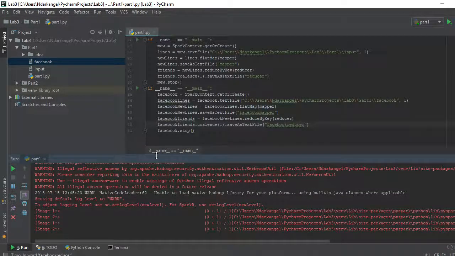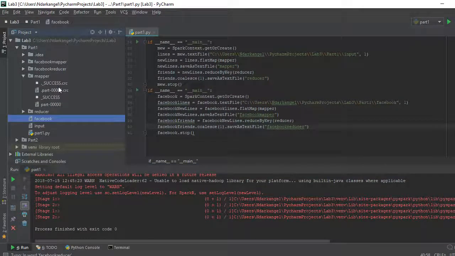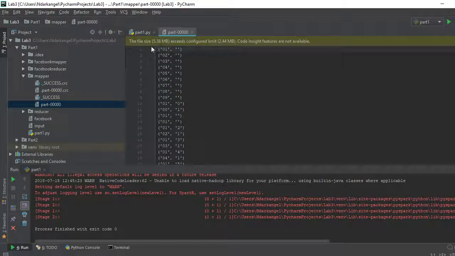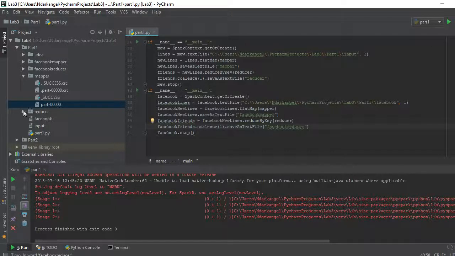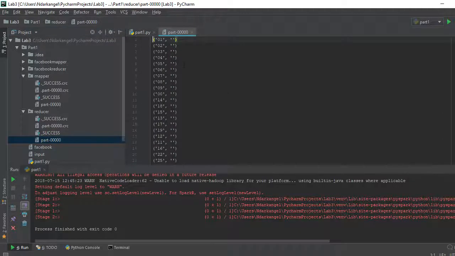It takes time. So this is the one for this mapper and reducer. Let's see the results. You see the results from the mapper, and then this is our final result from the reducer. You see it's getting the friends like that.